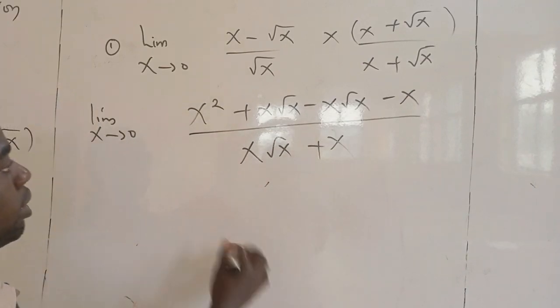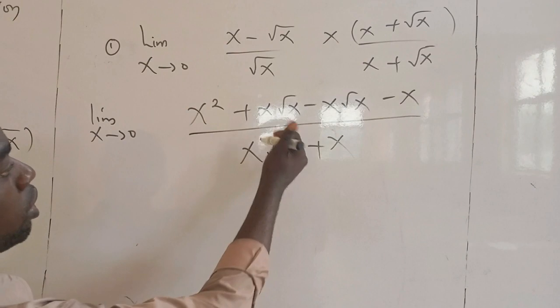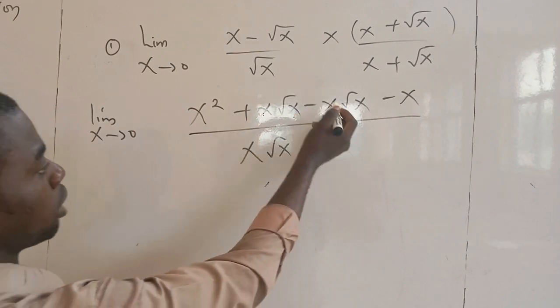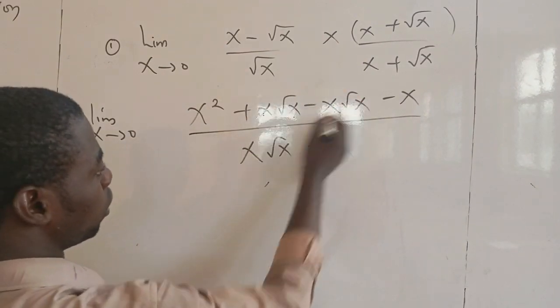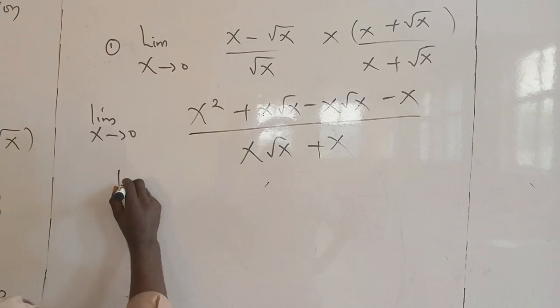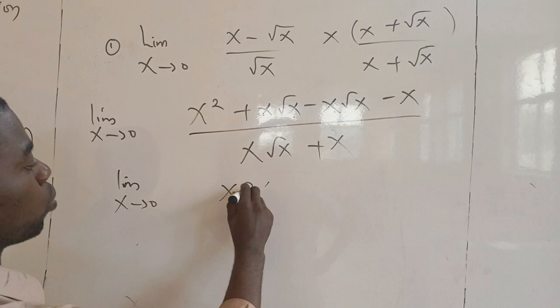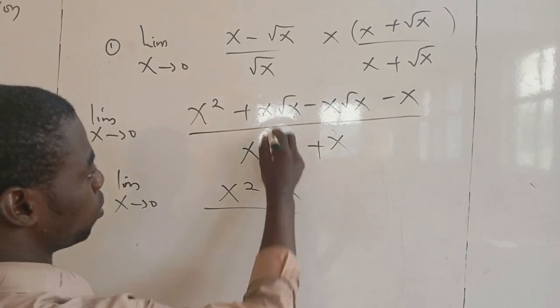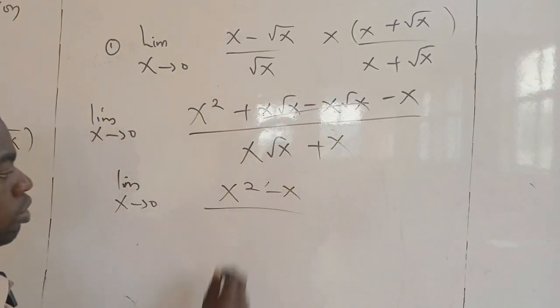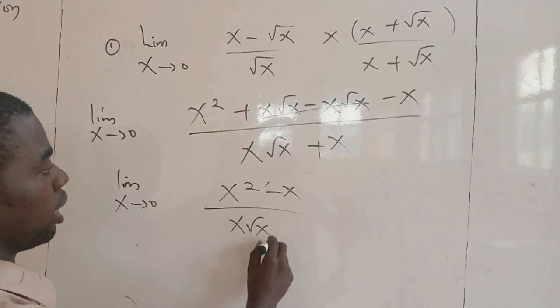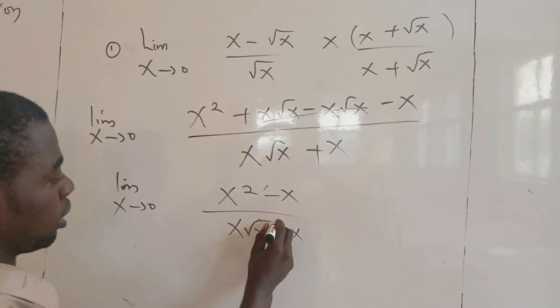So simplifying, plus x root x minus x root x gives us 0. So we are left with the limit as x tends to 0 of (x squared minus x) over (x root x plus x).